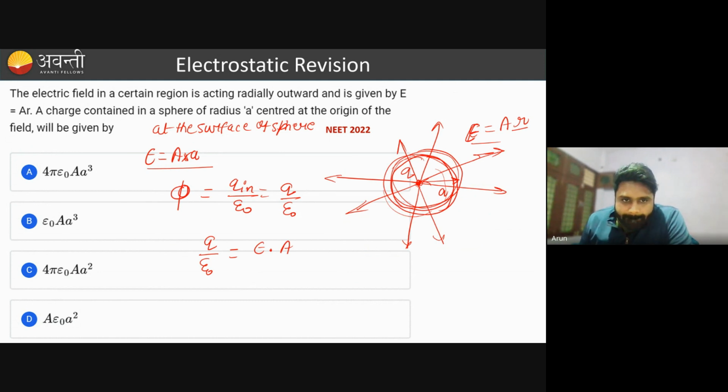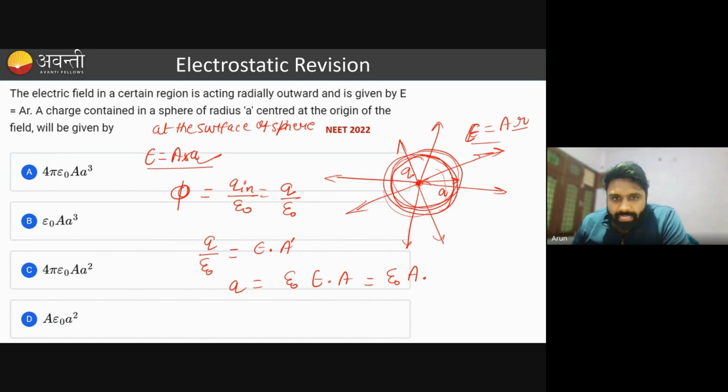Now, Q here is epsilon naught E into A. E for this sphere you have already calculated, it is A into small a. And we will consider the area as A dash, because this A and this area are different.